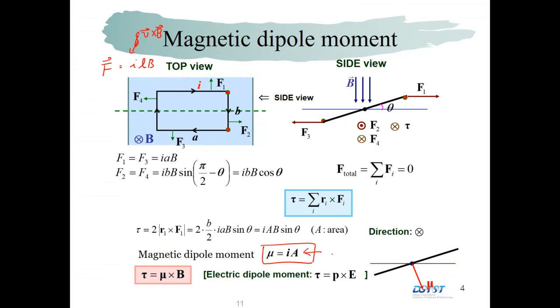Let's recall, this is the current multiplied by the area. So here I want to recall, just a moment.